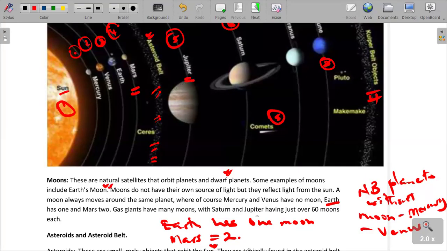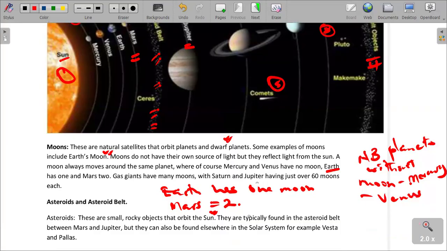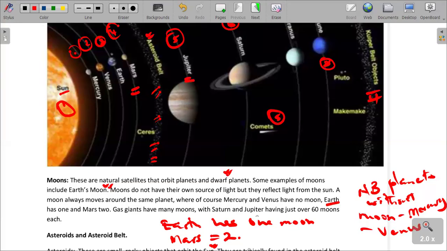Therefore, what is in between is the asteroid belt, made of small rock objects that rotate around the sun, as you can see in the photograph that I've attached here. They can also be found elsewhere in the solar system, for example Vesta and Pallas, where these asteroids are also found.